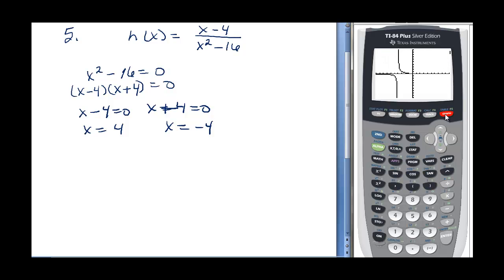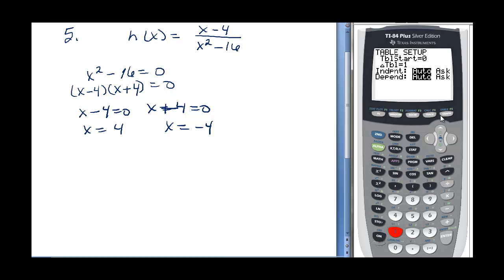So here, that's our negative 4, but it doesn't look like we have an asymptote over here at 4. Let's see what we find out on our table. Let's go table set, and we'll start at 0, and we'll go up by increments of 1.